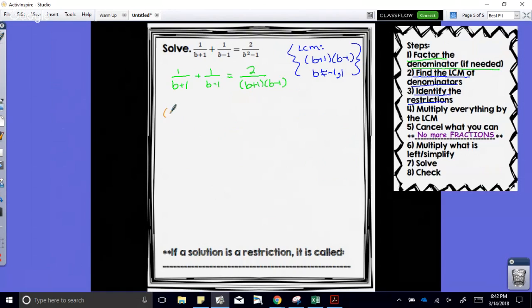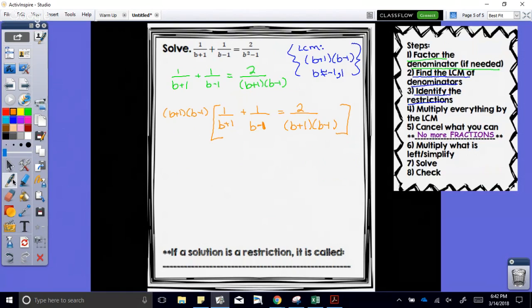So I'm going to take b plus 1 times b minus 1 times 1 over b plus 1 plus 1 over b minus 1 equals 2 over b plus 1 times b minus 1.